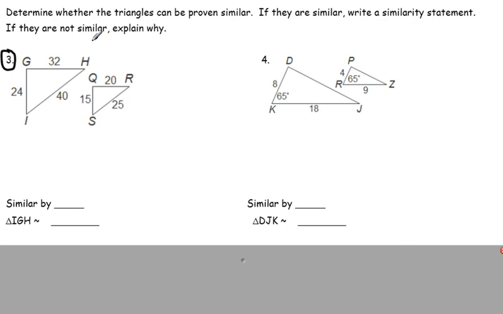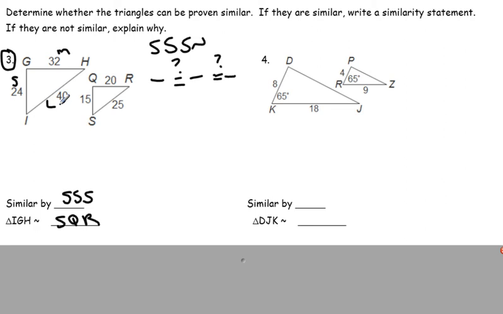Okay, I'd like for you to pause the video and try number 3. Obviously, you're given 3 sides in each triangle, so let's check the side-side-side similarity by setting up a ratio of all 3 sides and seeing if those ratios do in fact equal each other. So we compare the sides. First, I'm going to label small, medium, and large in each triangle so that I know which sides match with which.